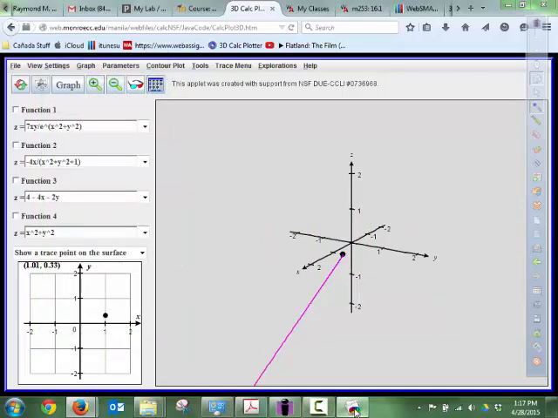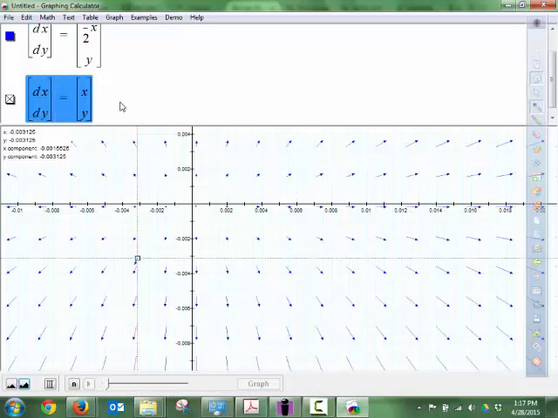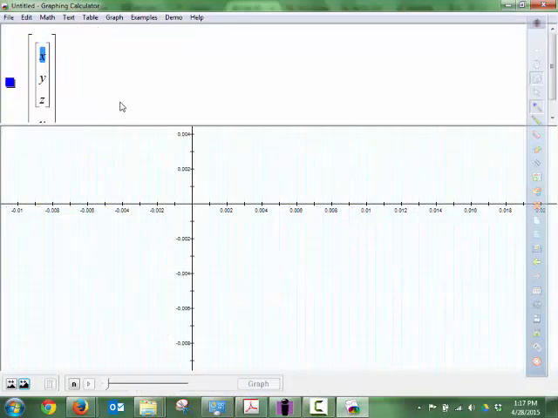Never mind. Well, I'll show you an example of a three-dimensional plot here.